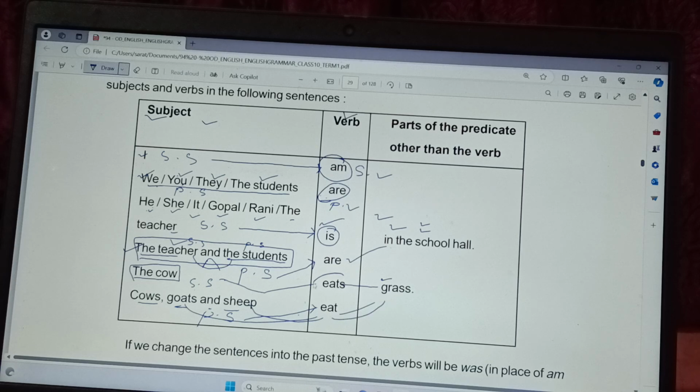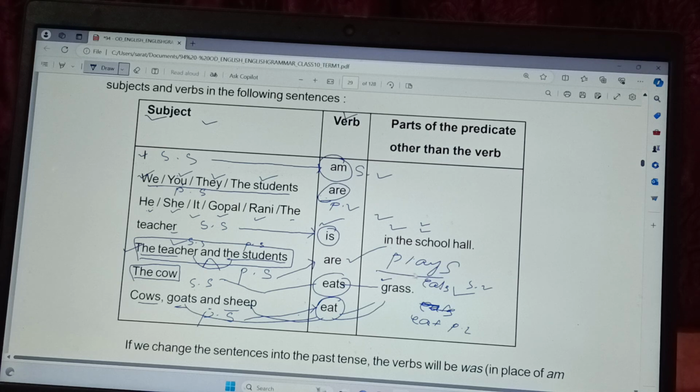So here we can say eats, and if you ask a question, eats and, guys, only eat. So eats is a singular verb and eat is a plural verb, guys. If a main verb adds s or es, guys, we say this is a singular verb, like play.